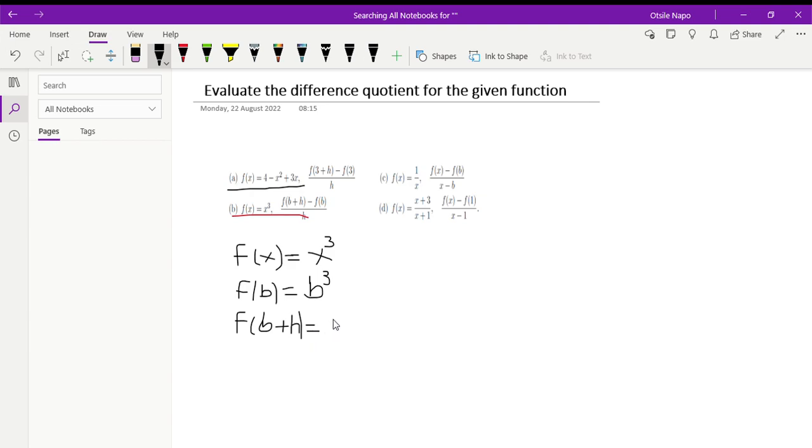This will equal to, so where we have x cubed, we are going to have b plus h. So I'll place both of them in parentheses.